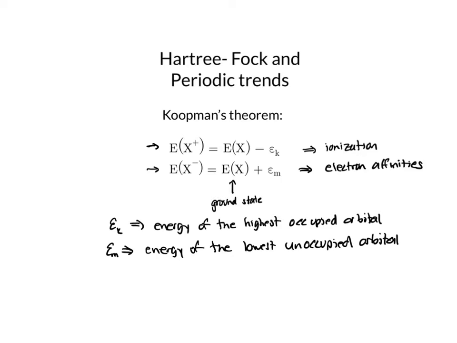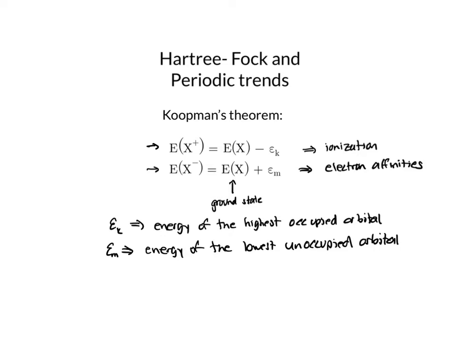And if we add that energy to the ground state energy, we will get the energy of the negative ion. So this is the amount of energy required or obtained when we add an electron to the atom. And that is exactly how we define the electron affinity.